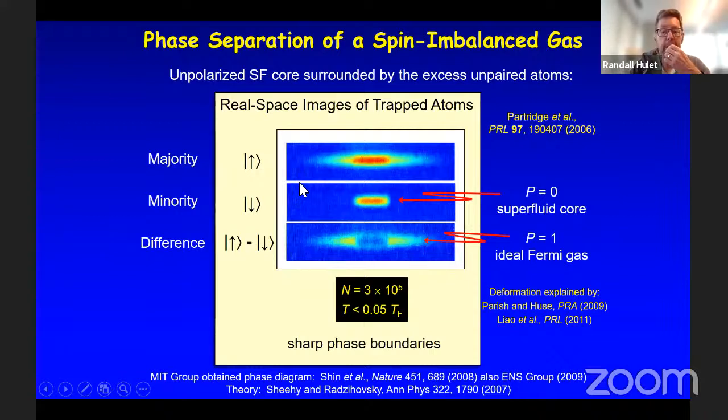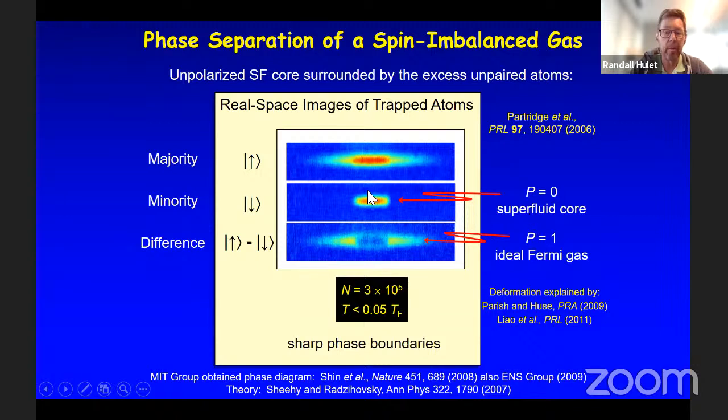So we set out to do this experiment. This was something from 2006, where we took real space images of the up-spin and the down-spin atoms, and we noted that there was a phase separation between them. So this core in the middle is actually unpolarized, has zero polarization, where P here is defined to be the difference in number of particles that are spin up relative to spin down divided by the total number of particles.